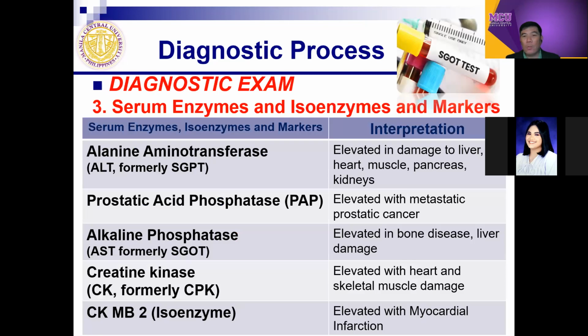Okay? So before we proceed with serum enzymes, isoenzymes, and markers, do you have any question? Any questions? So please type 1 if you don't have any questions or type 2 for clarifications. Type 1 in the chat box. Okay, so if you don't have any clarifications before I proceed with the discussion of serum enzyme. Okay, so I'm seeing 1, 1, 1, 1. Type 2 if you have questions.